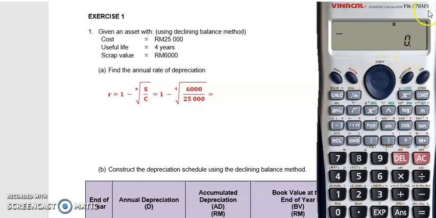Those who are using calculator model MS, the black one, you follow this calculator, okay? If you look here in your calculator, we only have square root, and then this one is cube root.